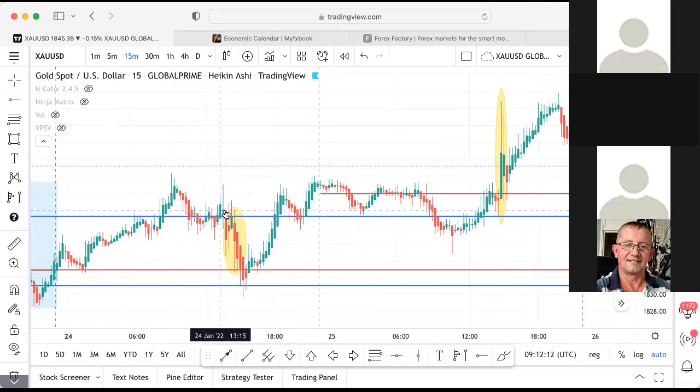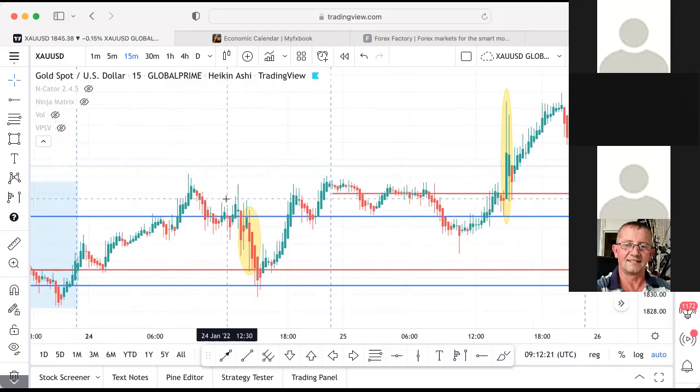This was sort of 1:45 p.m. on Monday. It went down. It went back up to retest that. I guess you'd call that a support and resistance, and then it went back down to the point of control.